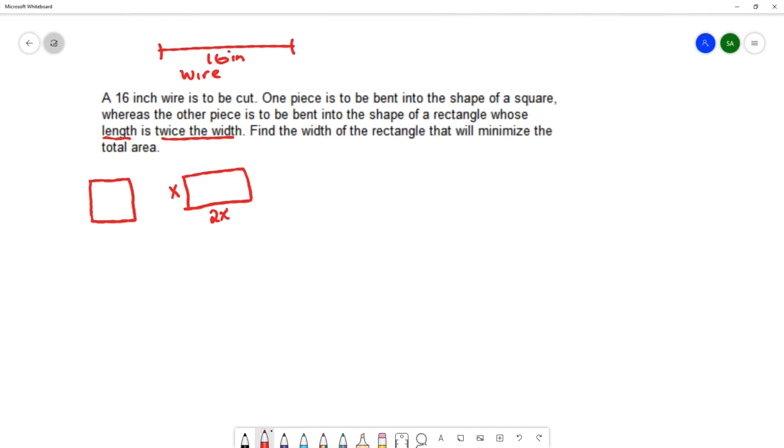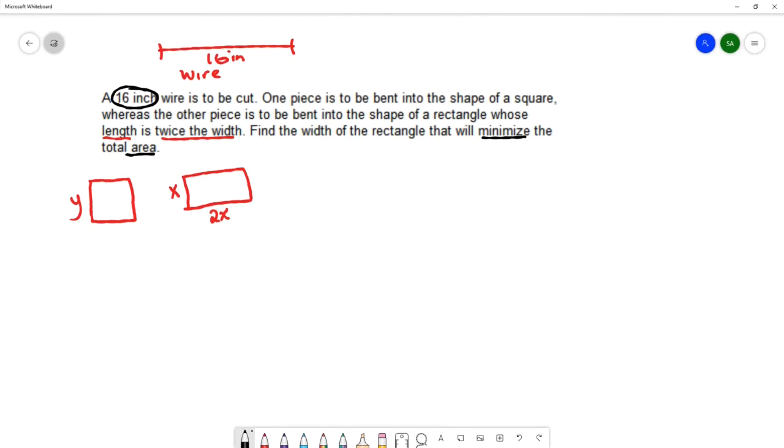And at this moment, I don't know the width of the square, but let's say that that's y. And so what I know is that I'm going to be taking this piece of wire that is 16 inches, and I want to find the minimum area.